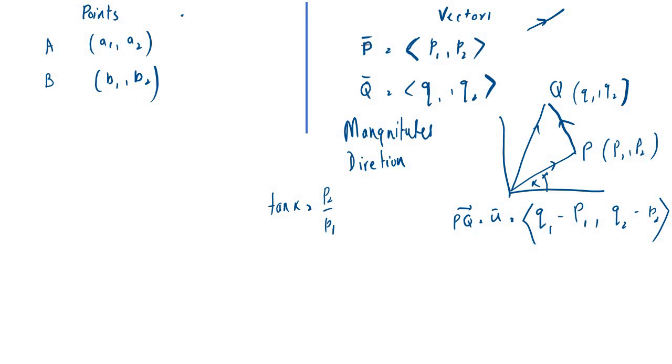It would be the opposite over the run. So if theta was the angle that Q made with the x-axis, then tan theta is equal to Q2 over Q1. That's the direction. Now let's look at the magnitude.